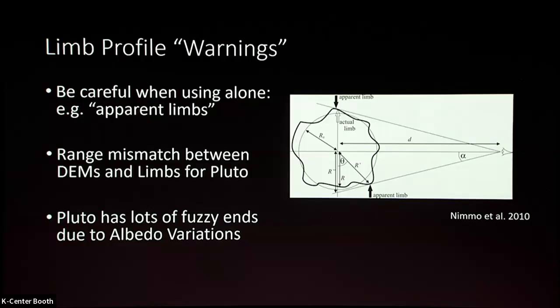I did a lot of work showing that the apparent limbs don't have an effect on our big picture results. There's also some issues with the actual Pluto data set. Since we are sort of an albedo scanning algorithm, the wild changes in albedo can cause some fuzziness, some deviations, and we tried our best to correct for most of those, but some of them did slip through.